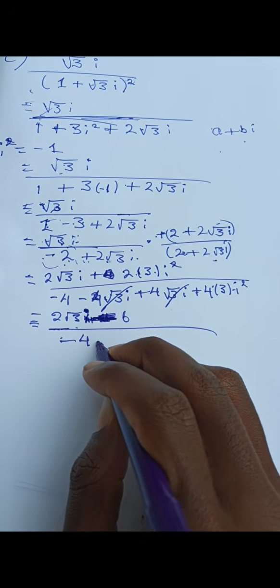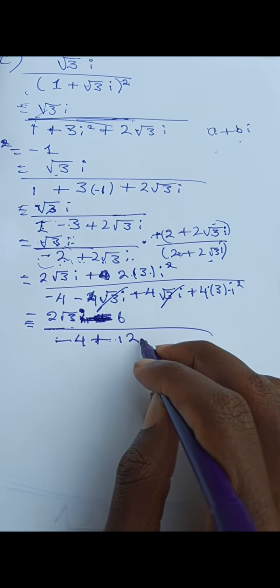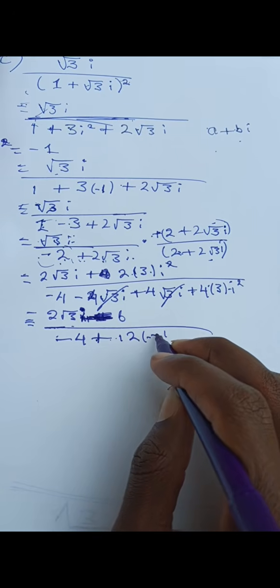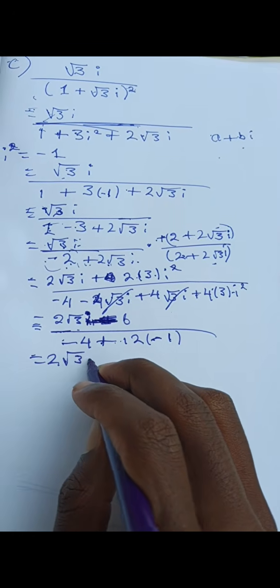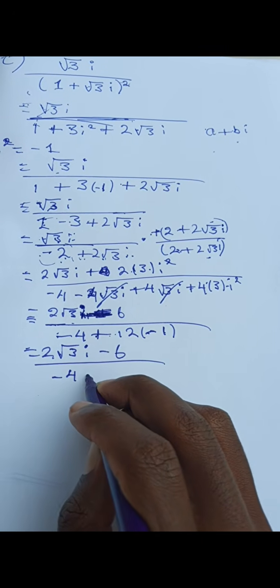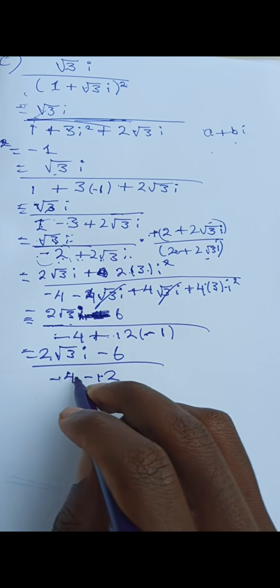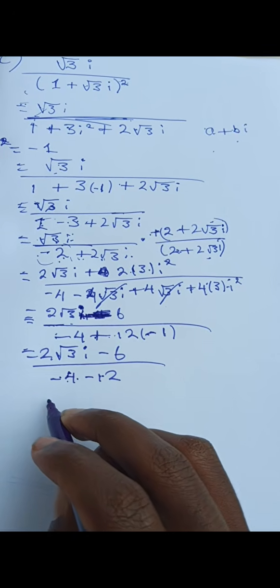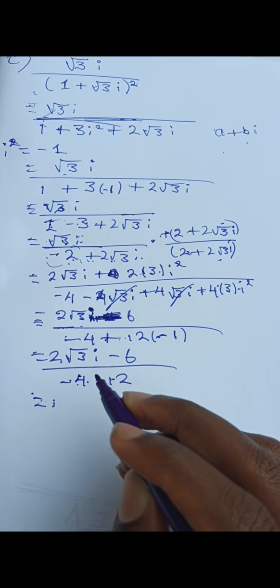Now we have negative 4 plus 4 times 3, that's going to be 12 times negative 1. So now it's going to be 2 square root of 3i minus 6 over negative 4 negative 12. So negative 12 minus 4 is going to be on the denominator.